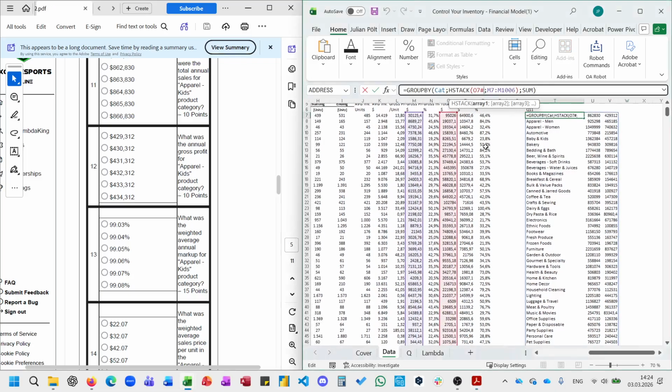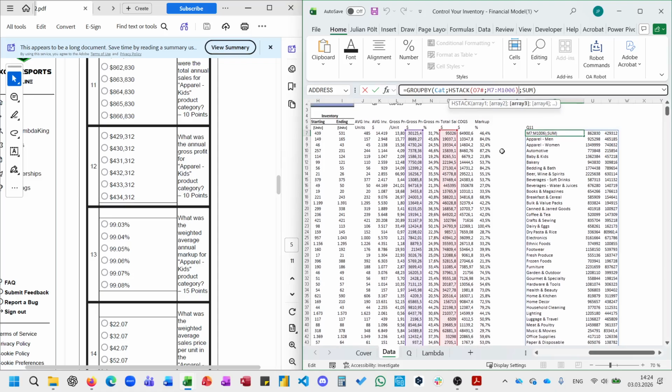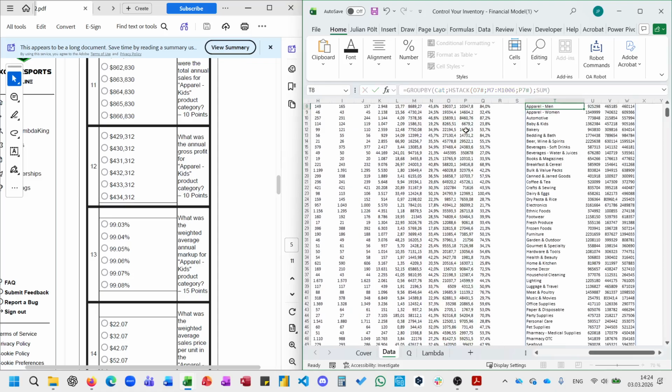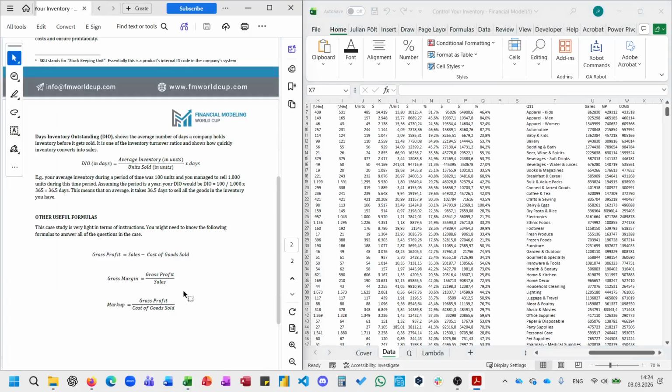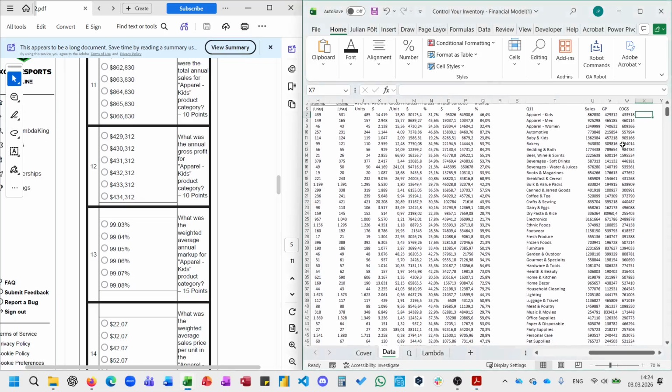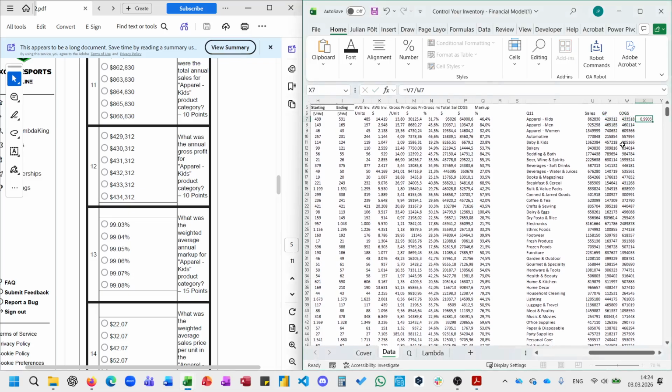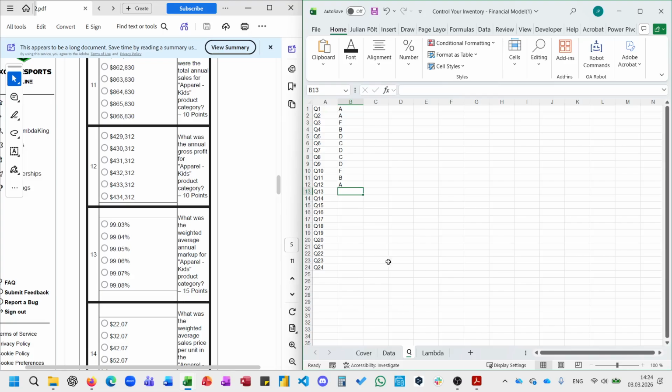Okay, let's bring here also the total COGS: sales, GP, COGS, and then gross profit divided by COGS. 9903. It's answer A.